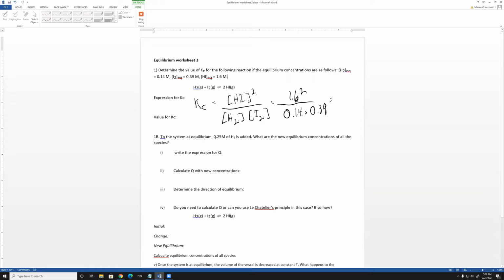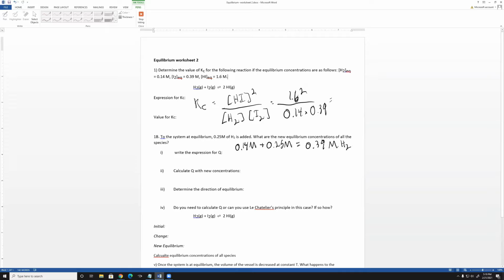So to the system, 0.25 molar of H2 is added. Originally at equilibrium, our H2 is 0.14 molar. Now we're going to add 0.25 molar to get our new concentration of H2, which is 0.39 molar.